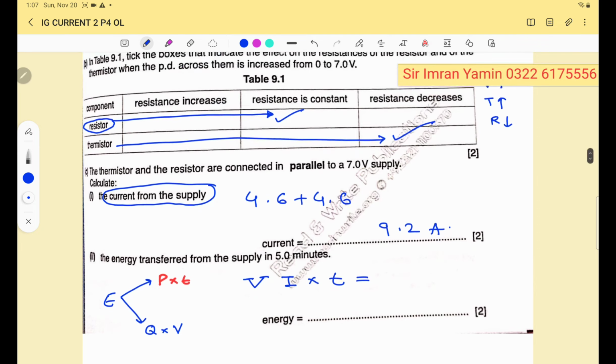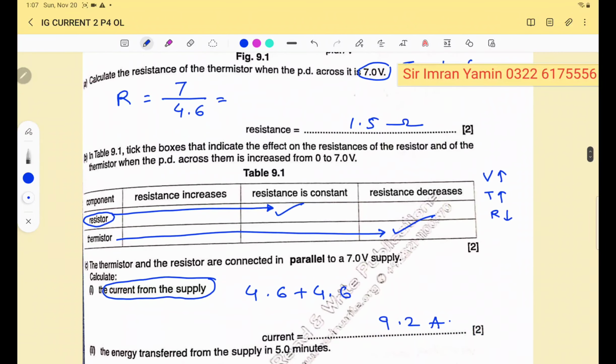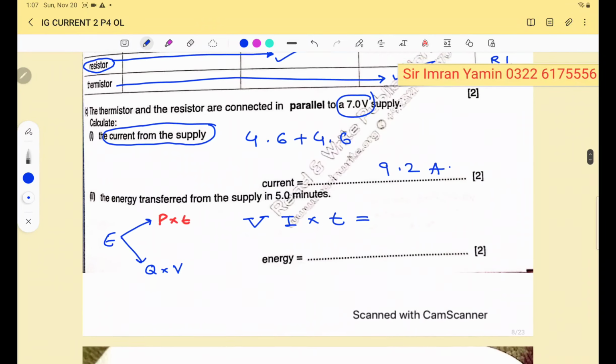The voltage is 7 volt, the total current we calculated is 9.2 ampere, and the time is 5 minutes, which means 5 into 60 seconds.